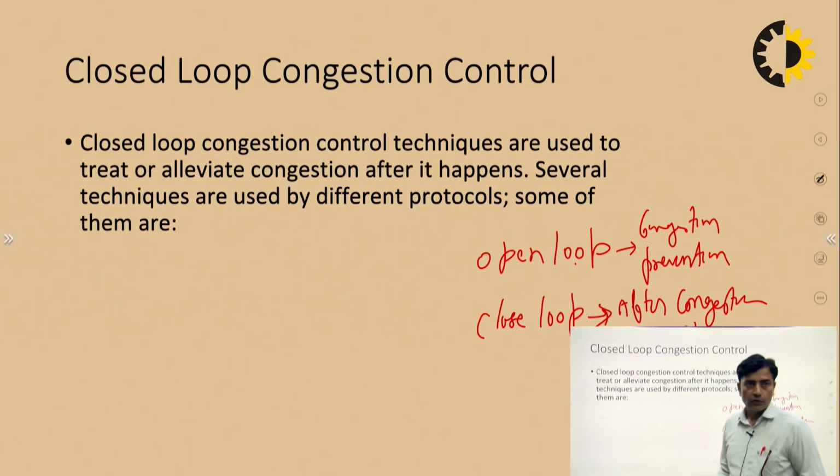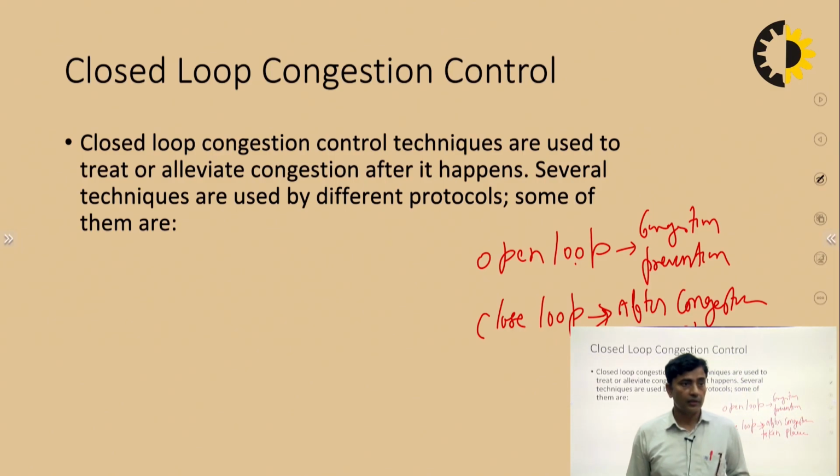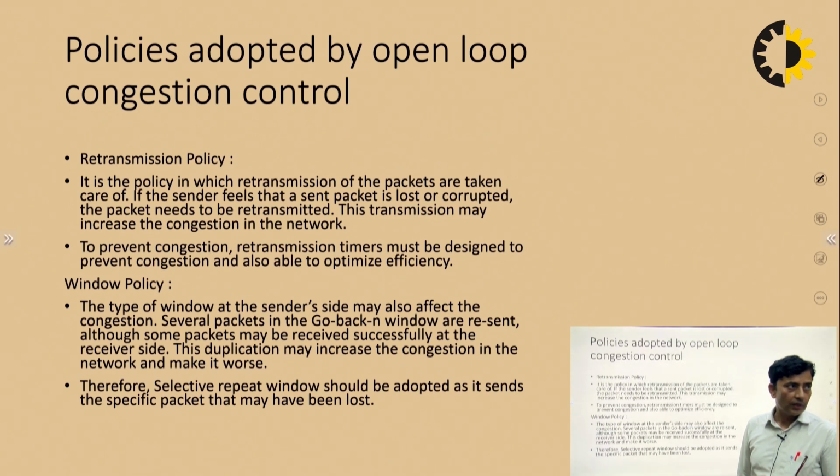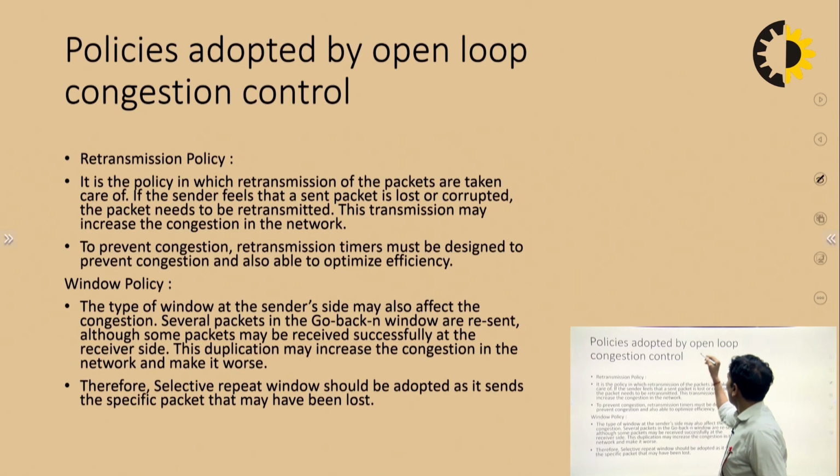Open loop means we are applying it before congestion, and closed loop means after congestion we are doing something so that the congestion effect can be reduced.